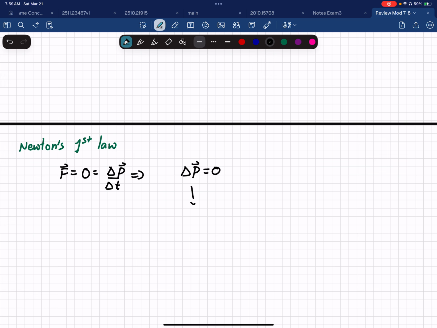The momentum for an ensemble of particles is treated as a system, and this changes to the center of mass.